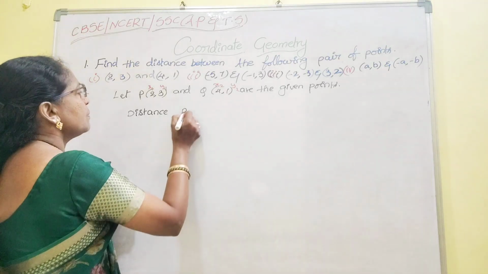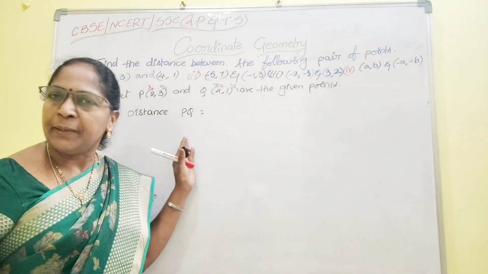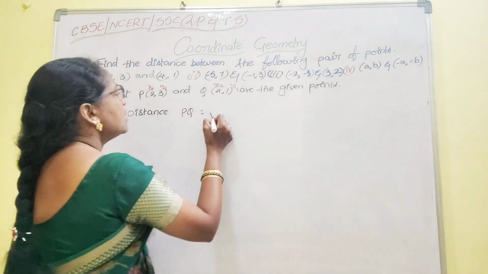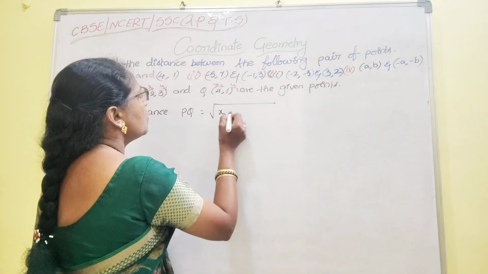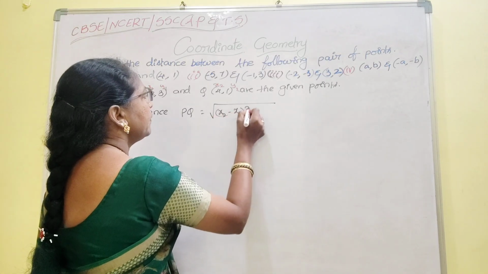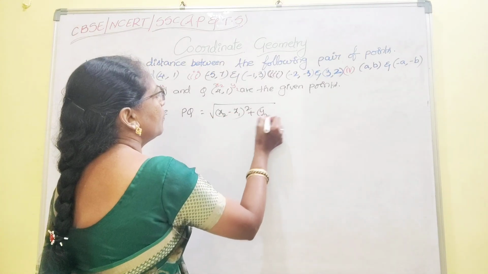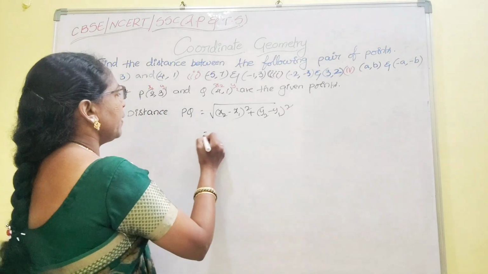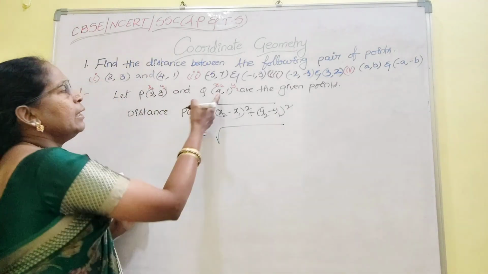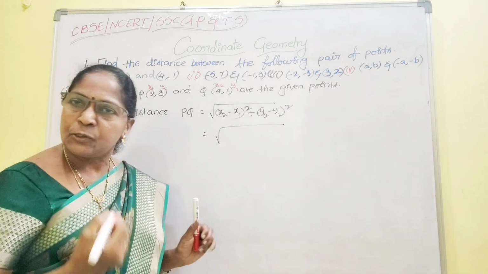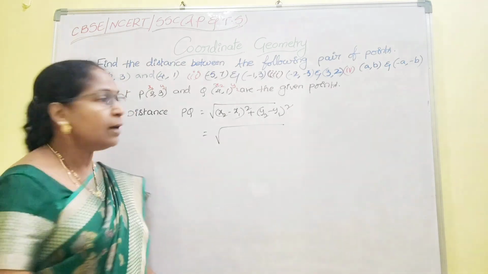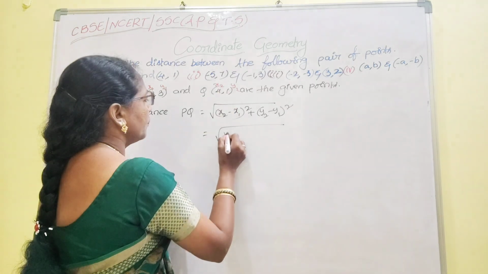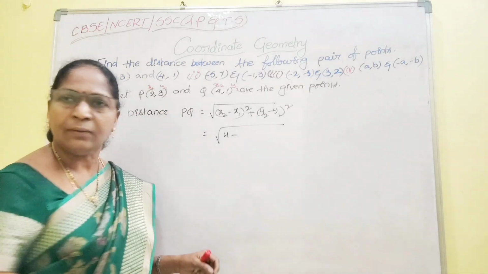Distance formula, that is PQ, the distance between P and Q, equals square root of (x2 minus x1) whole square plus (y2 minus y1) whole square. Now substitute the values in this formula, where x2 equals 4 minus x1 equals 2.